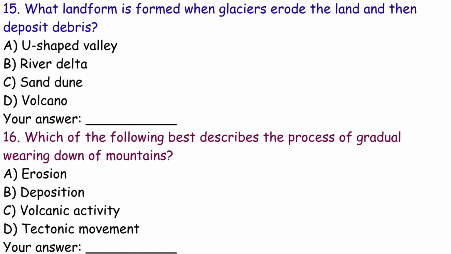B. River delta. C. Sand dune. D. Volcano. Your answer. 16. Which of the following best describes the process of gradual wearing down of mountains? A. Erosion. B. Deposition. C. Volcanic activity. D. Tectonic movement. Your answer.